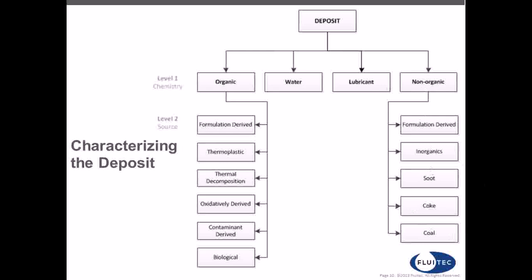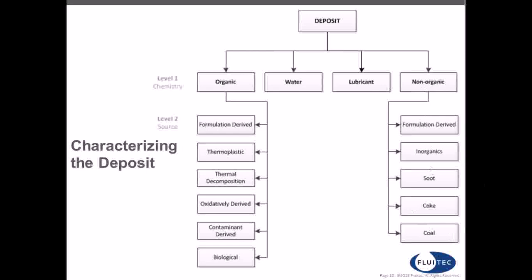Coke are deposits that are greater than a micron in size. Coal is another non-organic constituent that is greater than a micron in size, but it does have solubility in some polar solvents, and typically we see coal dust as part of deposits in coal-fired power plants and other places that are close to coal.